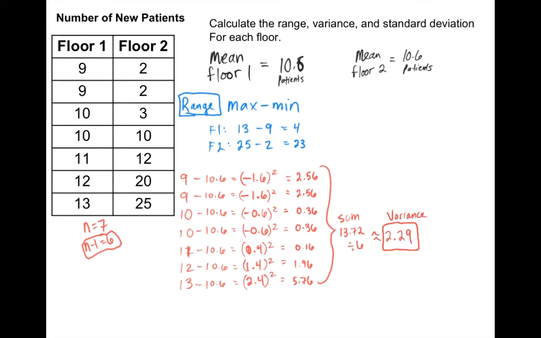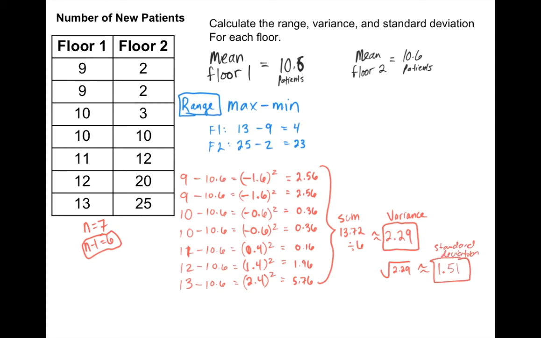And now what we want to do to find the standard deviation is to take the square root of this. So if we take the square root of 2.29, let's see what we get. I got approximately, let's turn on the marker, I got approximately 1.51. So this is the standard deviation of floor 1.